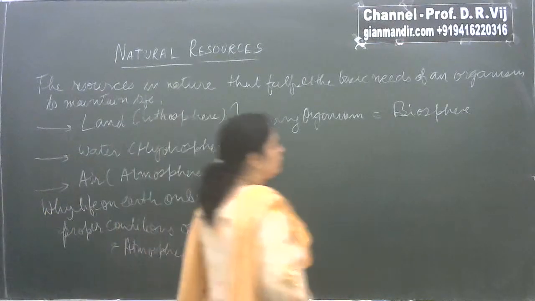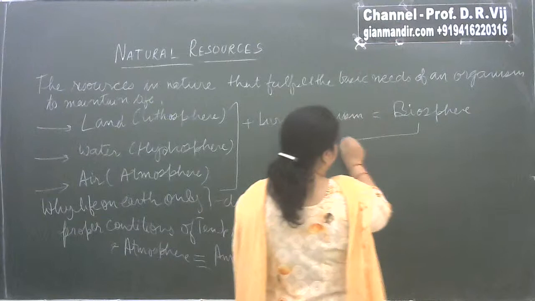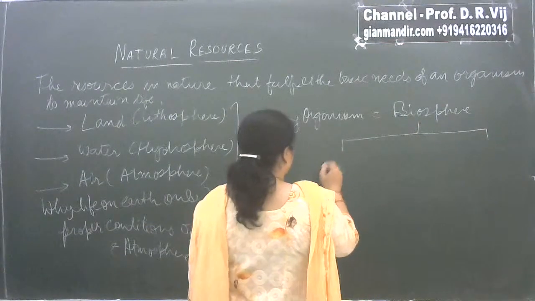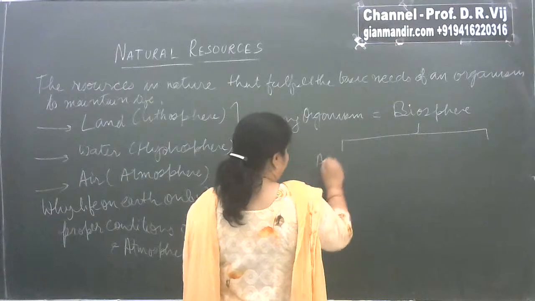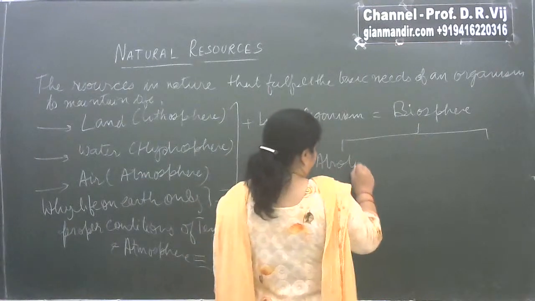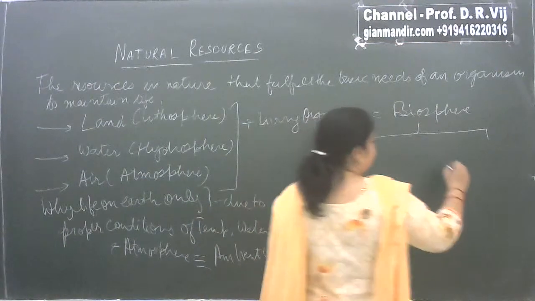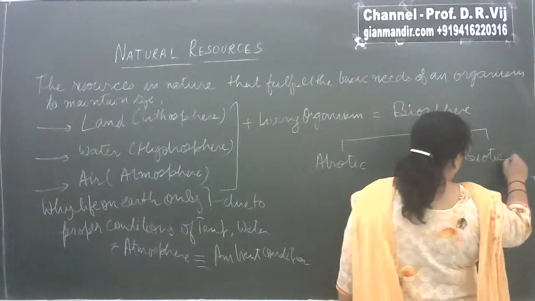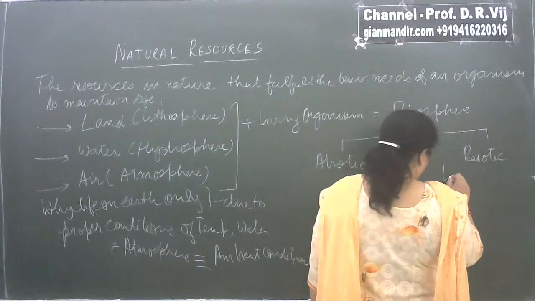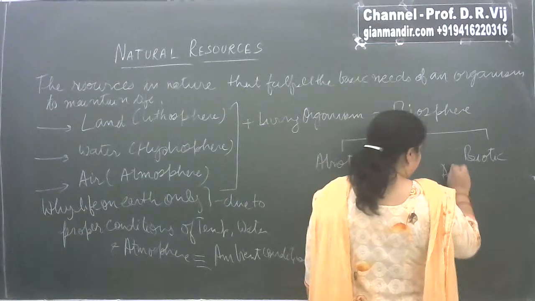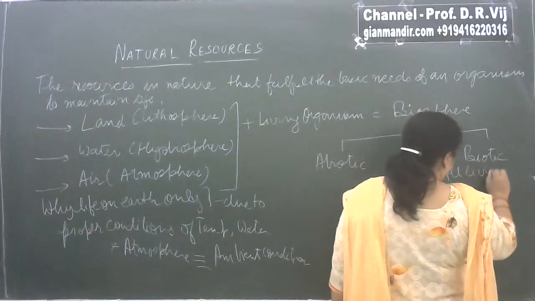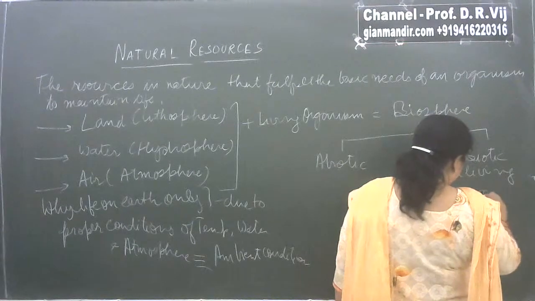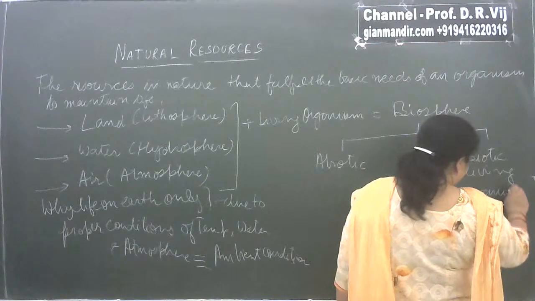Now, the biosphere is further divided into two components. One is the abiotic component and another one is the biotic component. The biotic component includes all living organisms, whether plants or animals, unicellular or multicellular.